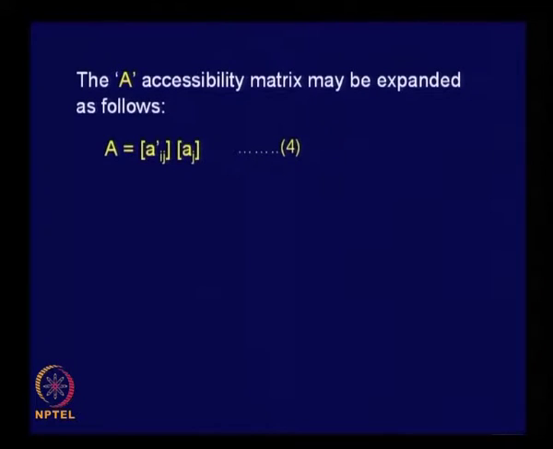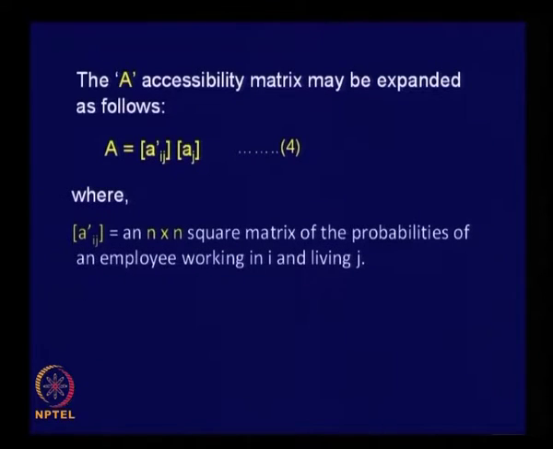So, A as we know is an n by n matrix, and A can be written as A dash ij into Aj, where A dash ij is an n by n square matrix of probabilities of an employee working in I and living in J. Understand the explanation for A dash ij.